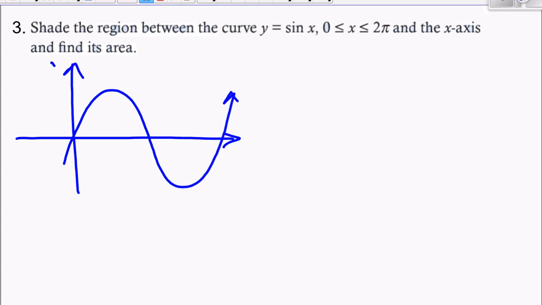Okay, so y equals sine x, this is 0 to 2 pi. The area that we are interested in is this one. So I'll label this A and B.